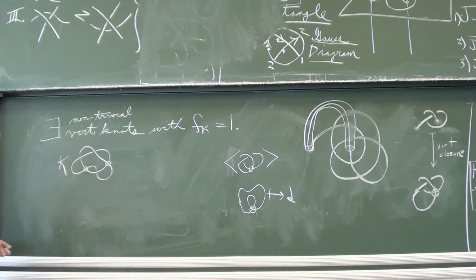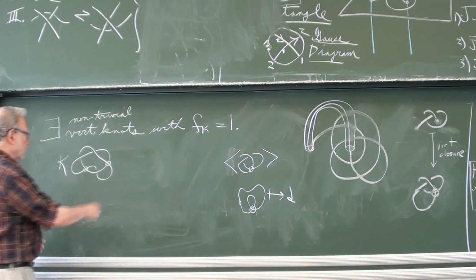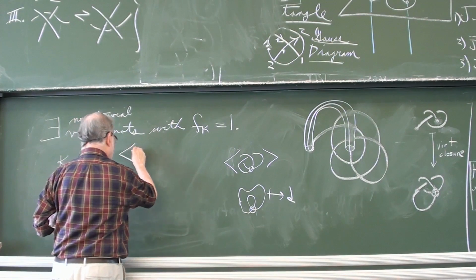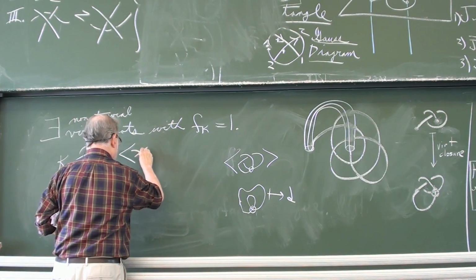Consider that. I claim that the Jones polynomial, or the bracket polynomial, of that is trivial. And the proof of this is easy, so we can do it. I'm taking the time to do this because it's fun, and I hope you'll enjoy it.